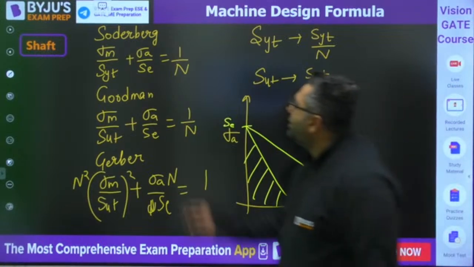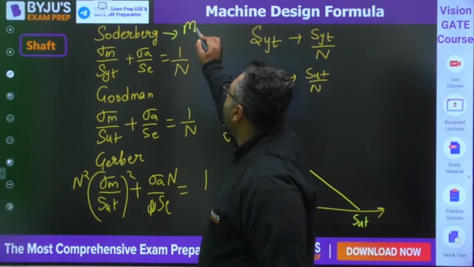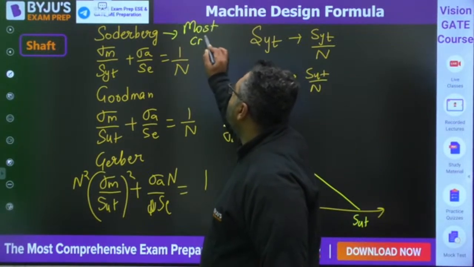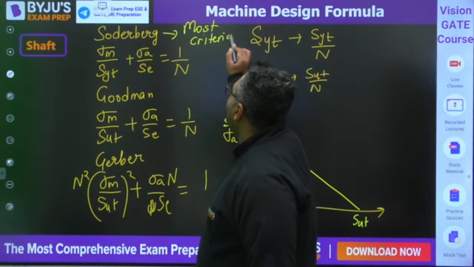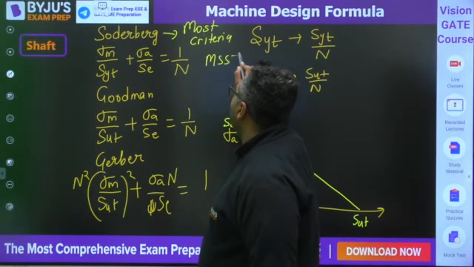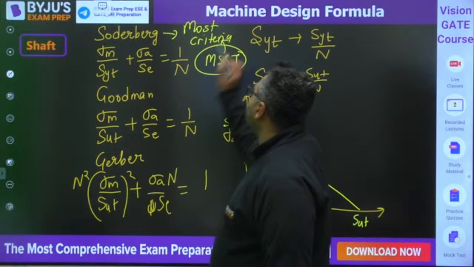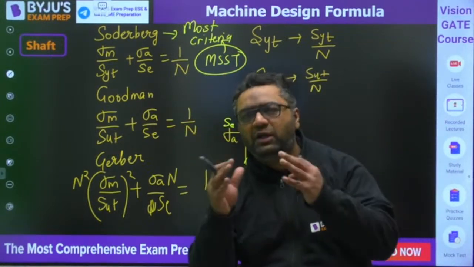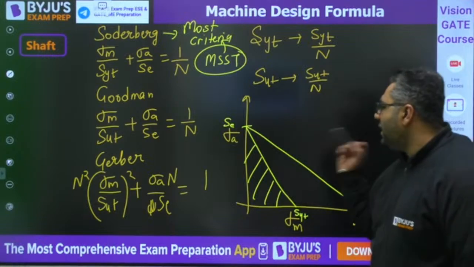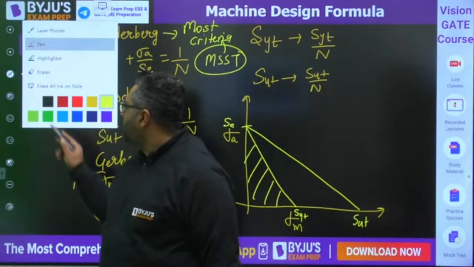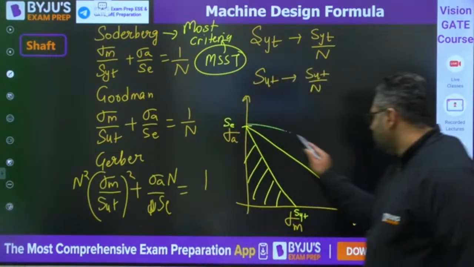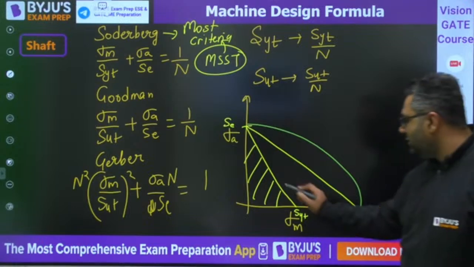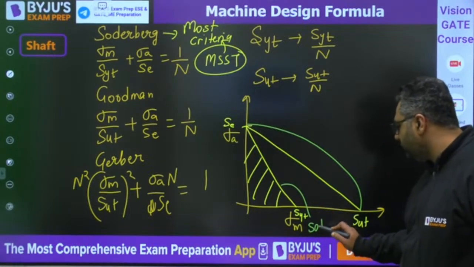That's why Soderberg is said to be the most conservative criterion. This is similar to MSST. When we are talking about the MSST theory of failure, that is also said to be the most conservative theory of failure. Conservative means having smaller limits. The parabola would come like this. Everybody understood? This is for Soderberg.